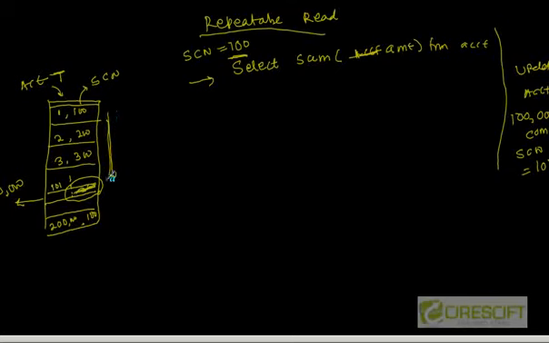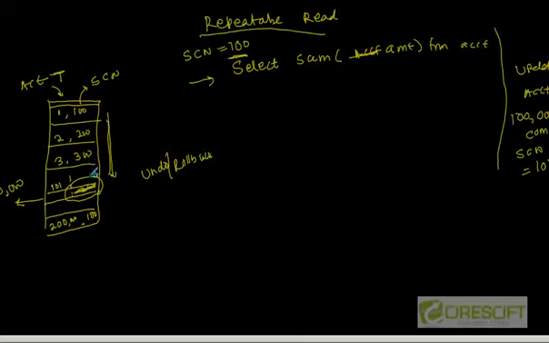Therefore, when it comes and sees this block, 100,000, it sees that the SCN has changed, it is not 100 anymore. Then what it is going to do is reconstruct a duplicate value from the undo segment or rollback segment.